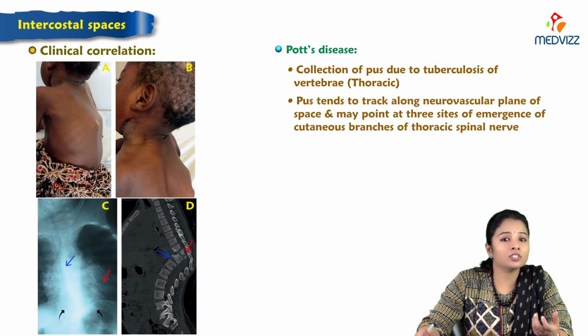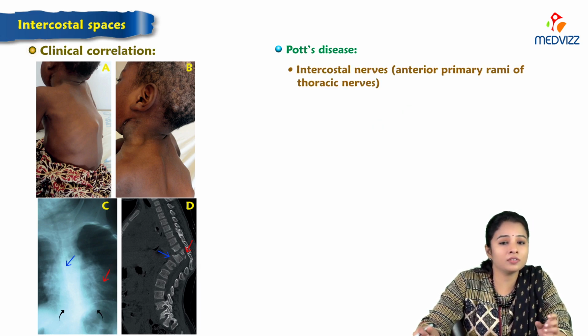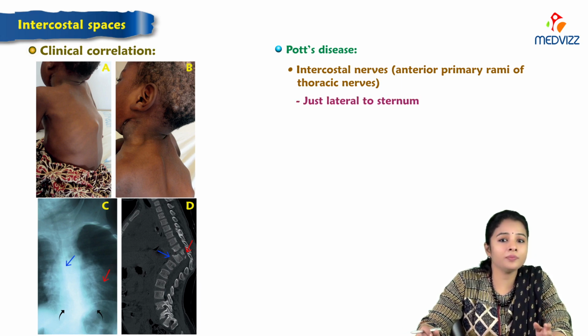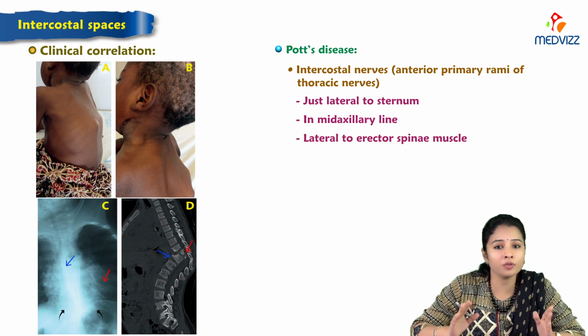The pus tends to track along the neurovascular plane of the space and may point at three sites of emergence of cutaneous branches of thoracic spinal nerves. First, the intercostal nerves, that is, the anterior primary rami of the thoracic nerves; or it may radiate just lateral to the sternum in the mid axillary line; and the third point is just lateral to the erector spinae muscle, which is present on either side of the vertebral column.